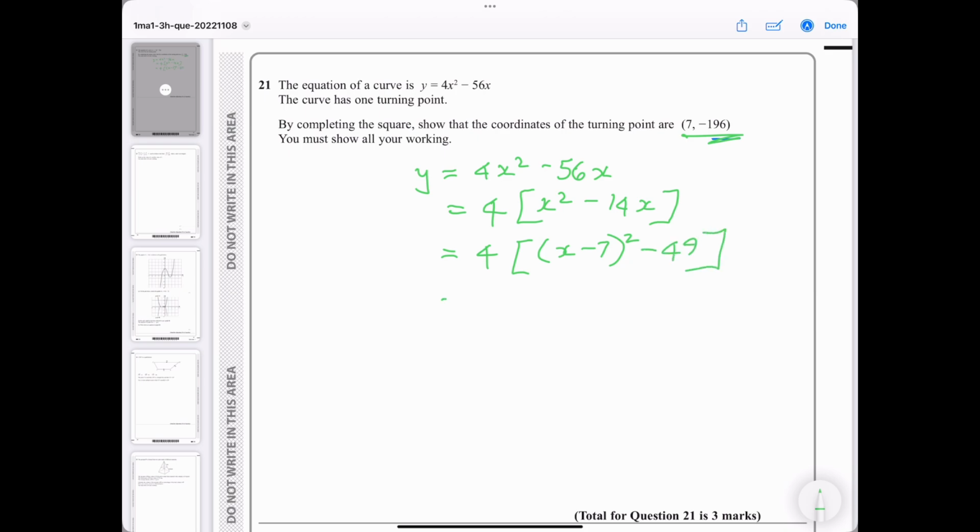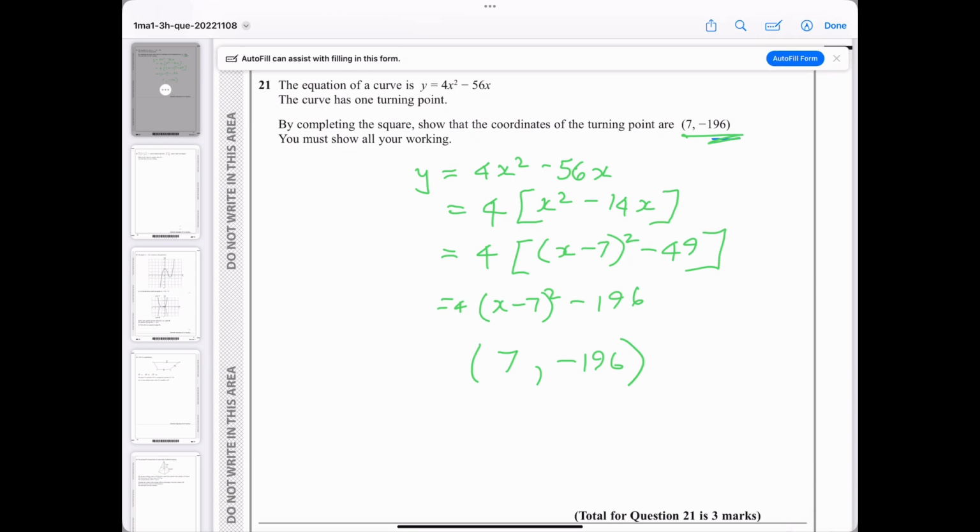And that then means that we have x minus 7 squared and then minus 49 times 4, which is minus 196, so our y point is minus 196, and our x point is 7, because it's the opposite of there. That's the answer.